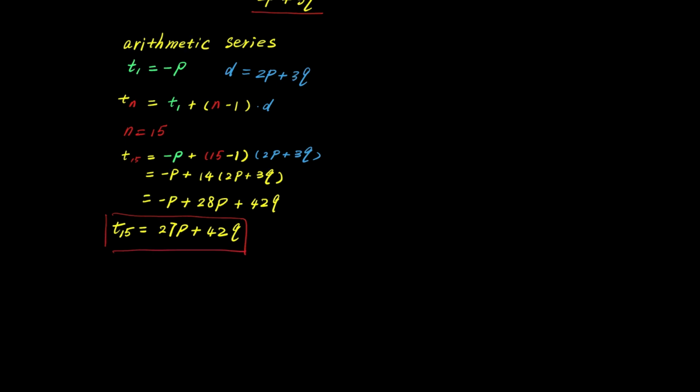Now let's find out the sum of the first 15 terms, S15. Let's write the formula of the arithmetic series: Sn equals n times (2 times the first term plus (n minus 1) times the difference), then divided by 2. For the sum of the first 15 terms, n equals 15.